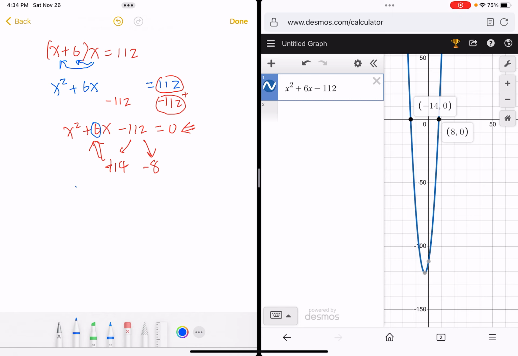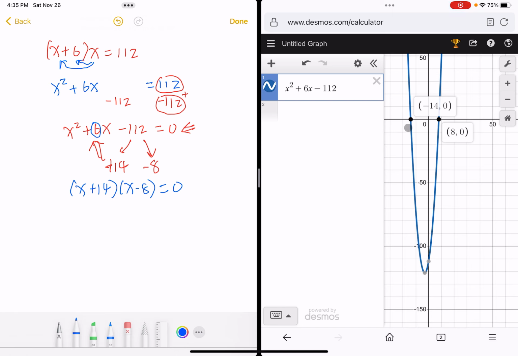So then you know here is x plus 14, and then x minus 8 is 0. So you factor this one out. And here again, this Desmos graph gives you the hint. You already have the answer. After we did this, you see here is positive 14, here is negative 14.